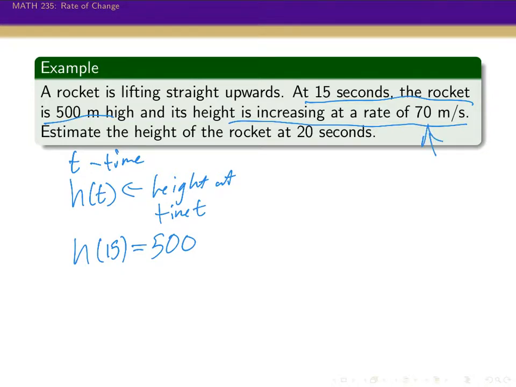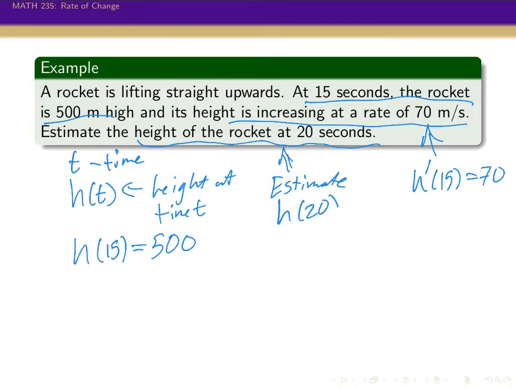So that 70 meters per second is talking about the derivative of the height at 15 seconds, and its value is 70 meters per second. Now the question is asking us, how can we estimate the height of the rocket at 20 seconds? So we want to estimate the value at h of 20.